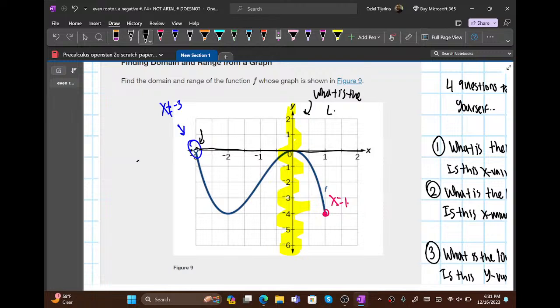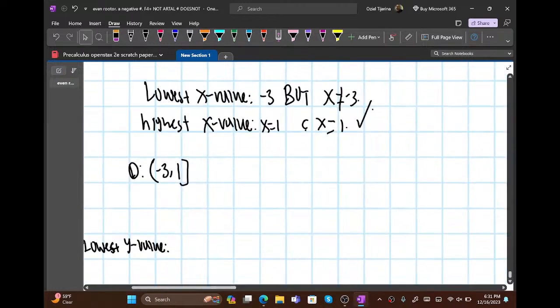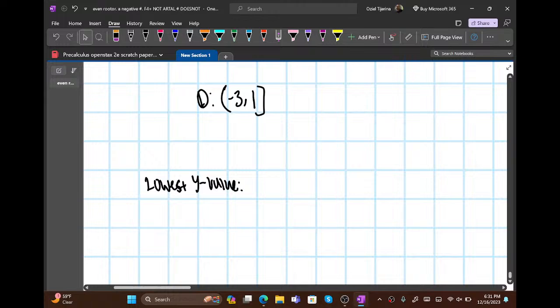What is the lowest y value on the curve? Look very carefully, guys. If I'm going down, down, down, what is the lowest one we reach? It is -4, right? We can clearly see that the graph in terms of y does not go below -4. So the lowest y value is y equals -4.